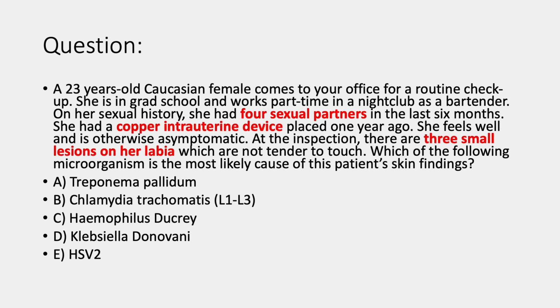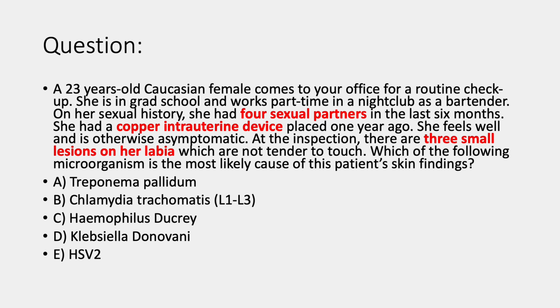The biggest buzzword that tells you that the patient has a genital ulcer is that at inspection there are 3 lesions on her labia, which are most likely genital ulcers, considering her sexual history, which is high risk for an STI, a sexually transmitted infection.